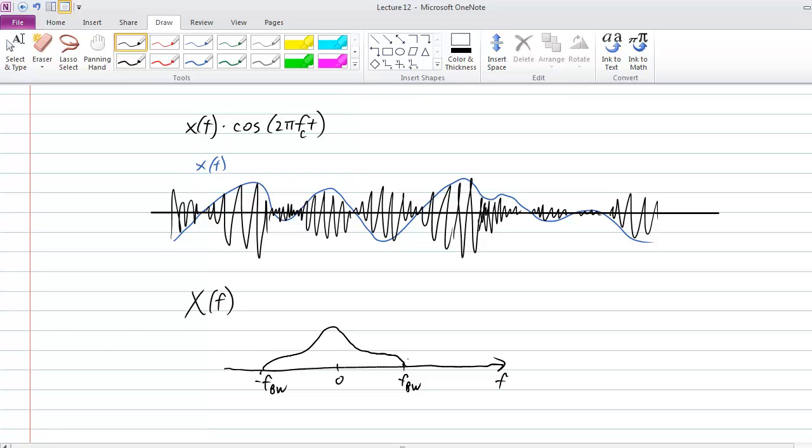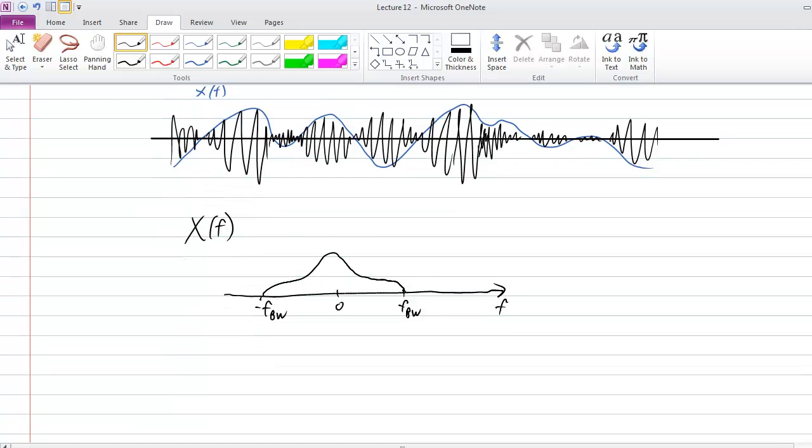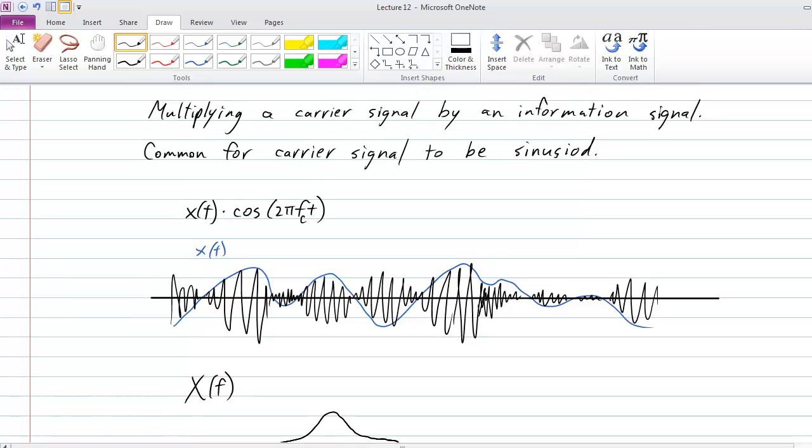Then, let's call this thing y. y of t is the modulated signal. Is this a linear time invariant system?